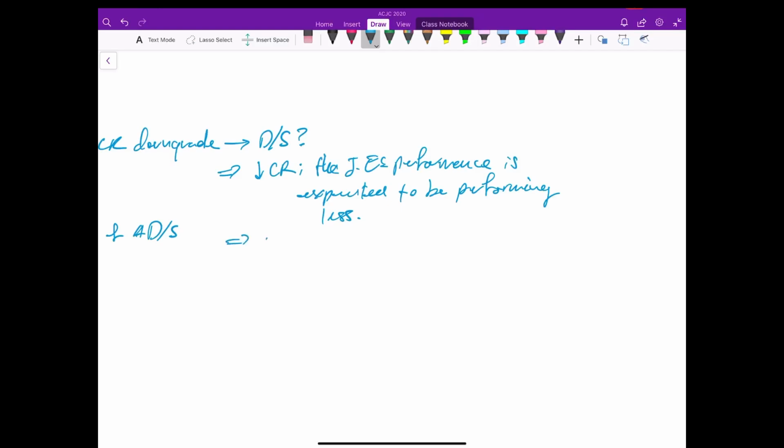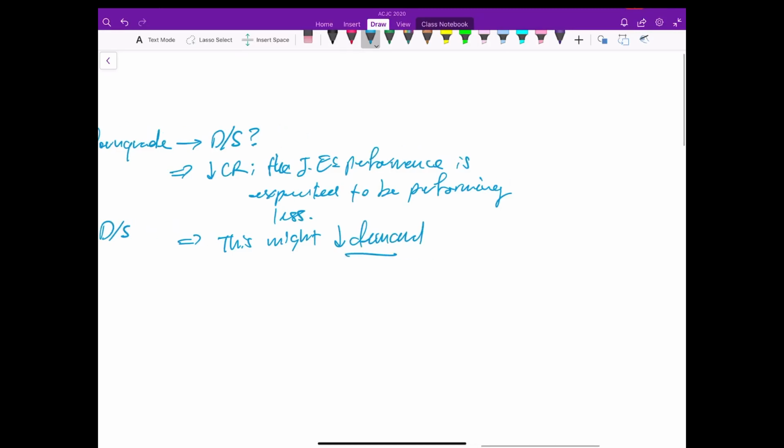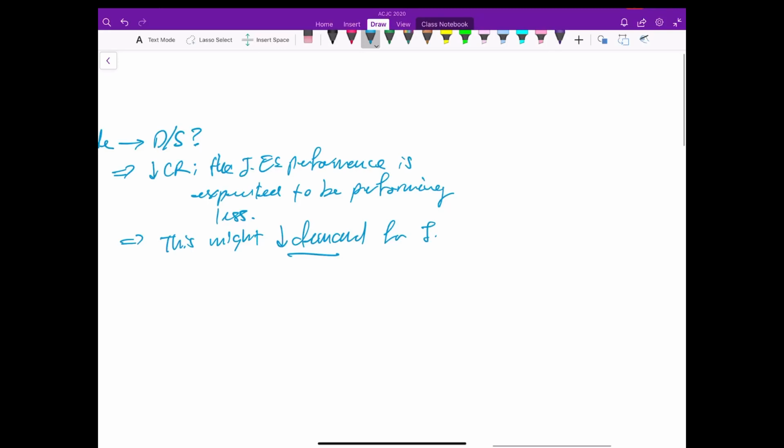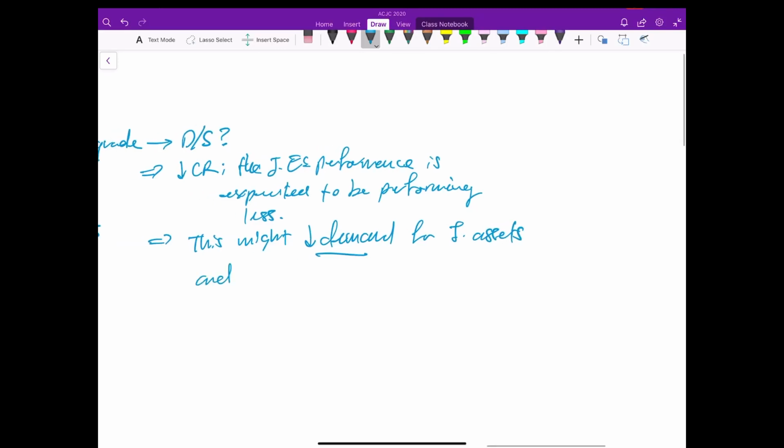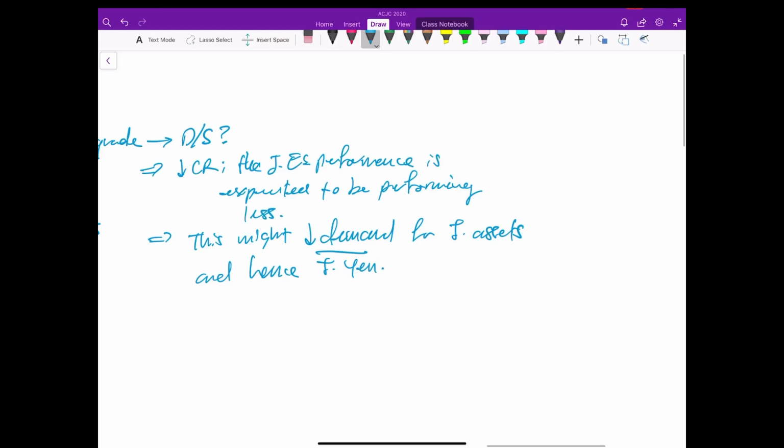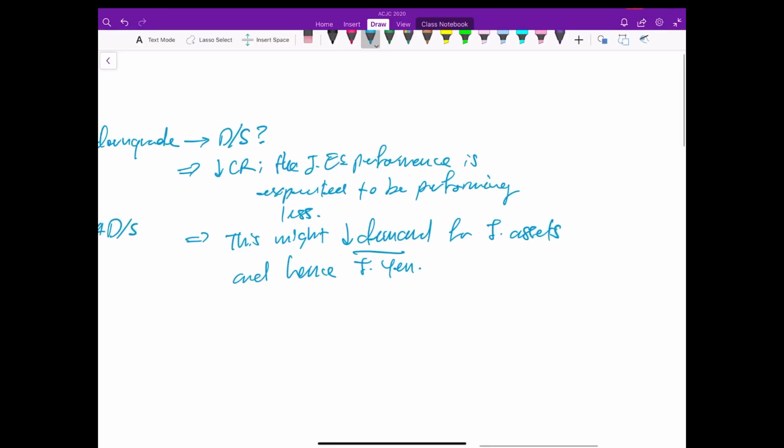And this will reduce the demand for Japanese assets and therefore Japanese yen. So why is it that the demand for Japanese assets will fall?